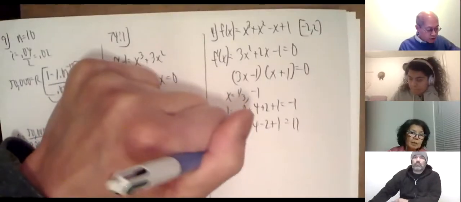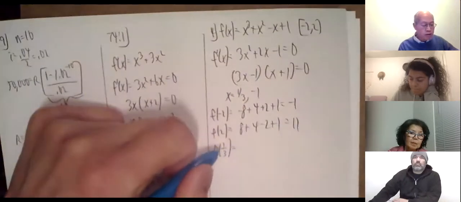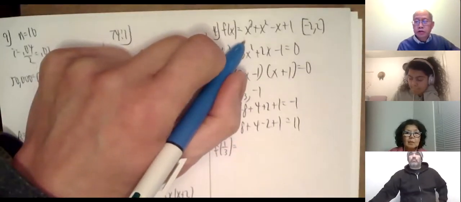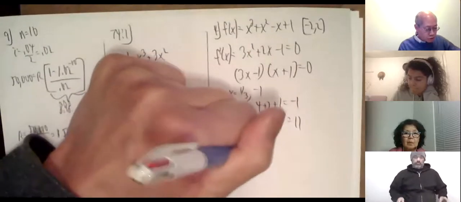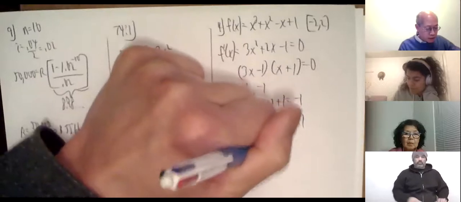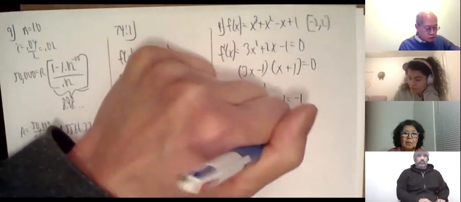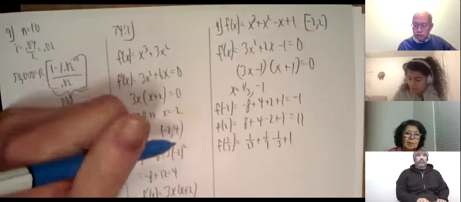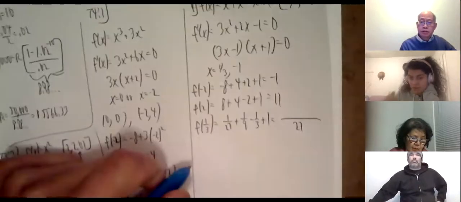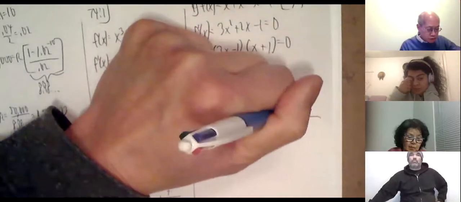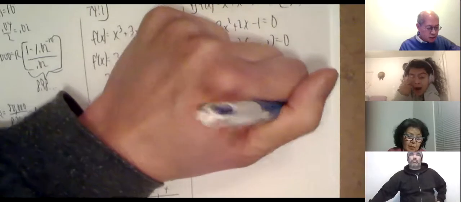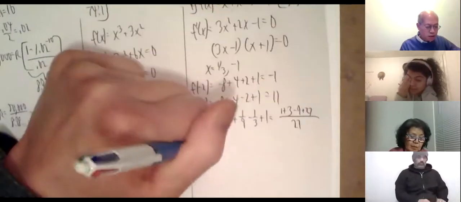So f of 1/3, that's not very fun. 1/3 cubed, 1/3 times 1/3 times 1/3, is 1/27. 1/3 squared is 1/9. Minus 1/3 plus 1. A good common denominator is 27: 1 plus 3 minus 9 plus 27.